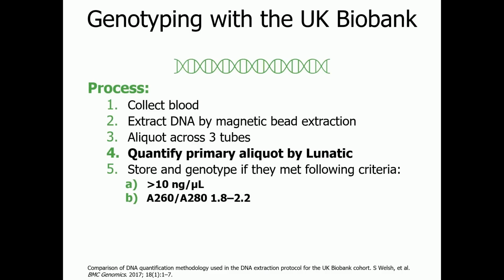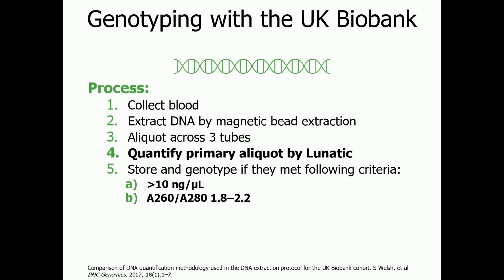The UK Biobank is an open resource with genotypic and phenotypic data on approximately 500,000 individuals, and they use Lunatic as part of their genotyping process. This process consists of collecting blood and then extracting DNA using magnetic bead extraction. Then that DNA was aliquoted across 3 different tubes, and the primary aliquot was quantified by Lunatic.